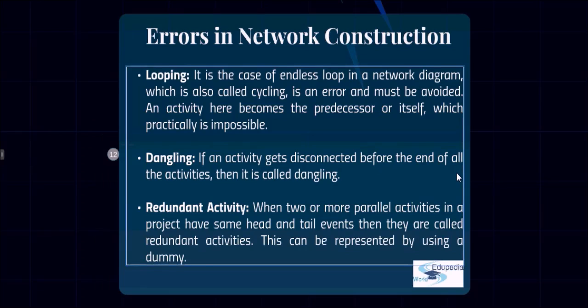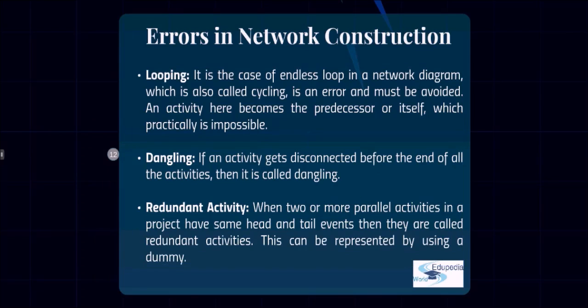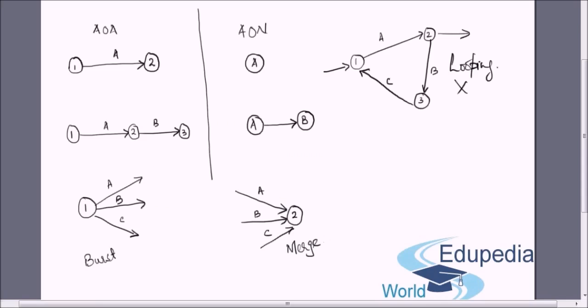The next is dangling. If an activity gets disconnected before the end of all the activities, then it is called dangling. Let me represent this. Let's say here we have event 1, and the activity A starting from there goes up to event 2. Then we have another activity B, and so on till we have, say, the last node from start.